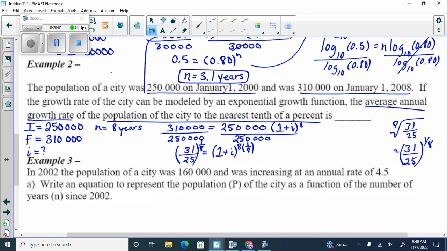Those are the same thing. Interchangeable. All right? And then we have to subtract 1 from it. So i equals 31 over 25 to the 1/8 minus 1, which Chloe said was 1.24 by itself, right, Chloe? Not rounded or anything? And you could use 1.24. There's nothing wrong with that. Yeah, that's fine. And then i equals whatever. What does i equal?